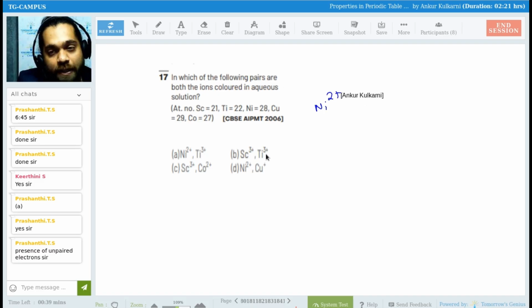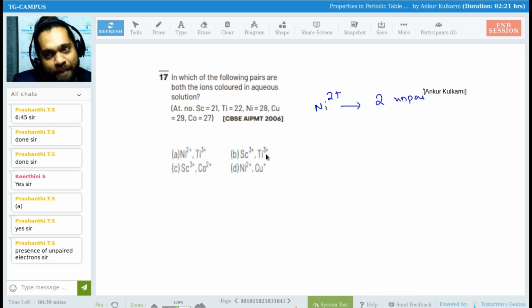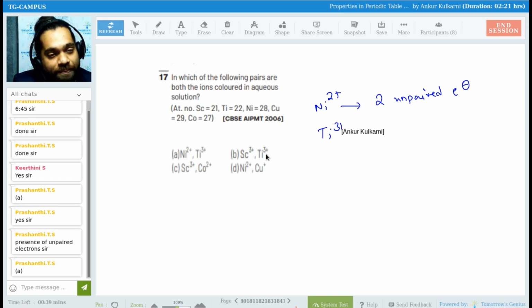If I have Ni2 plus, again I am not going to calculate. How many unpaired electrons did we get? We had 2 unpaired electrons. I am not again going to write down 28, 4s0, 3d8. Yeah, 2 unpaired electrons. Then let us solve titanium. Titanium, what is the atomic number?